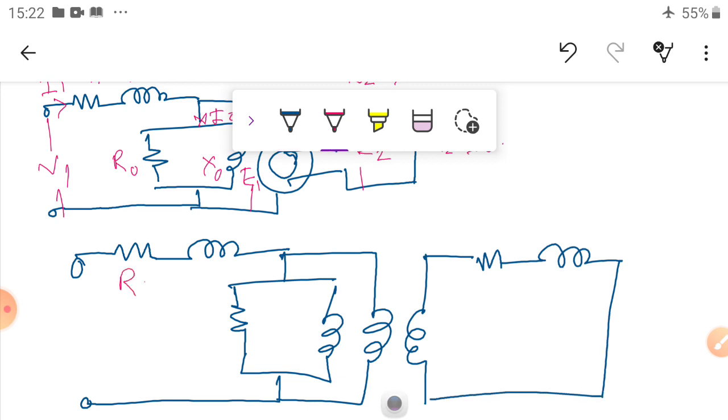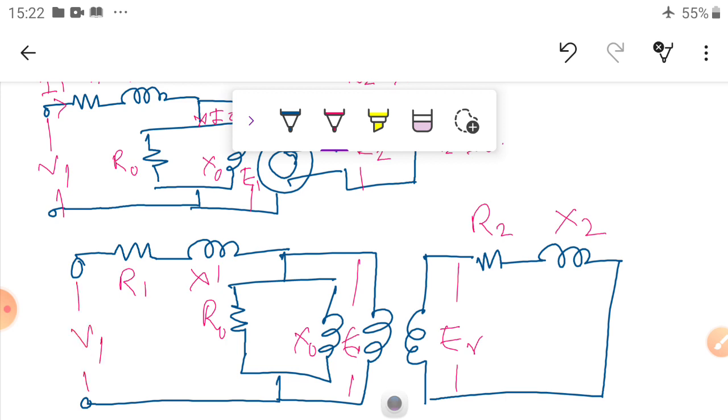This is R1, X1, R0, X0, and this is E1, and this is the rotor value E_R, with R2 and X2 as the equivalent values. Now this is V1 at frequency F, with I0.